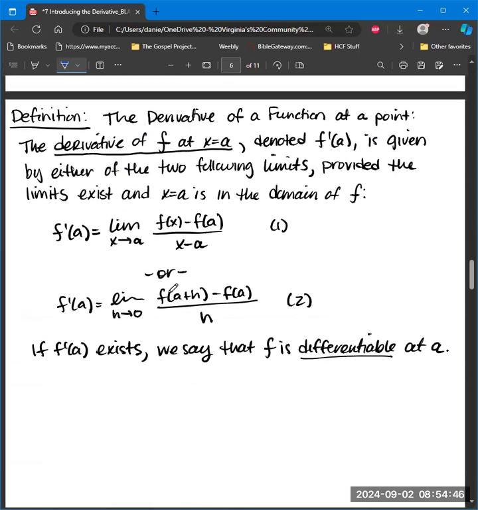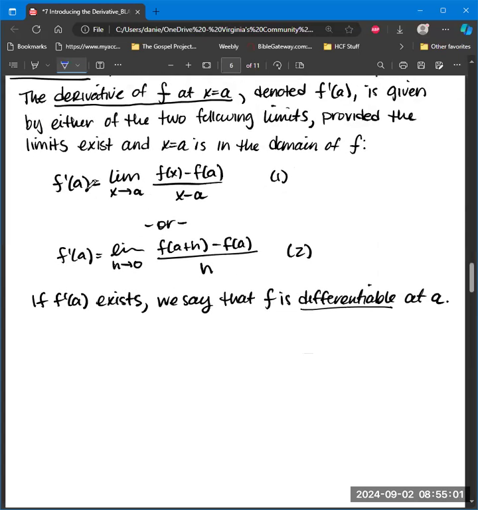The derivative of a function at a point. Definition: the derivative of f at x equals a, denoted f prime of a, is given by either of the two following limits, provided that the limits exist and x equals a is in the domain of f. So we can take f prime of a is equal to the limit as x approaches a of f of x minus f of a over x minus a.